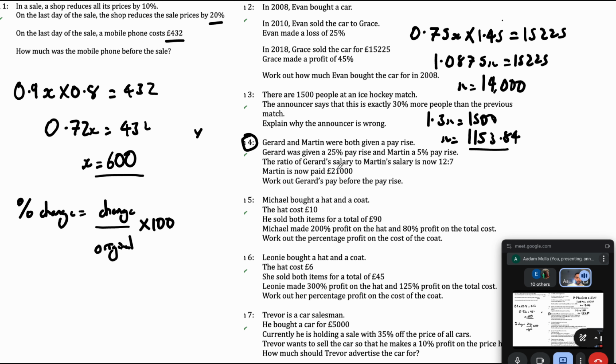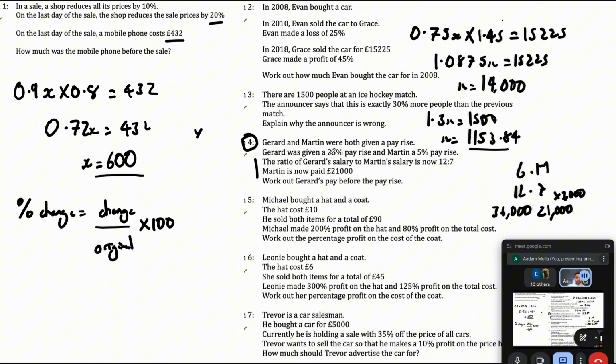For number 4, I'd first look at this ratio. So I know I've got Gerard to Martin, 12 to 7, and Martin has now got 21,000. So that's been times by 3,000. Gerard's got 36,000.